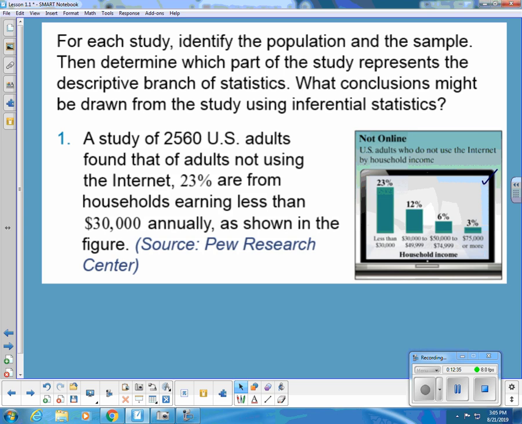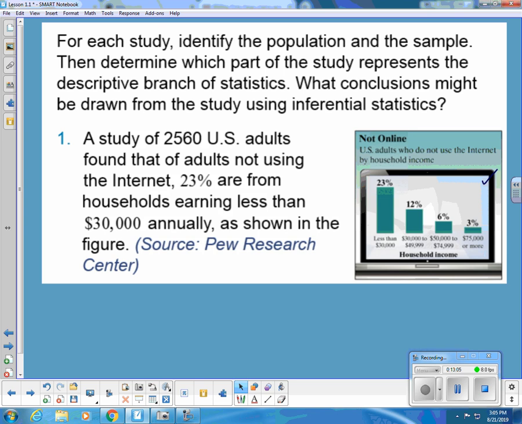And then your part that is the descriptive branch is that 23% of the households earning less than $30,000 are not using the internet. Let's backtrack that. I said it right the first time. Out of this sample, 23% of the households earning less than $30,000 annually, they're not using the internet.